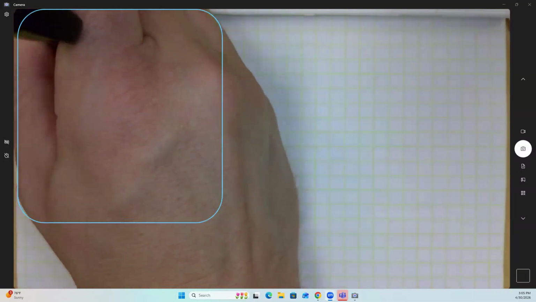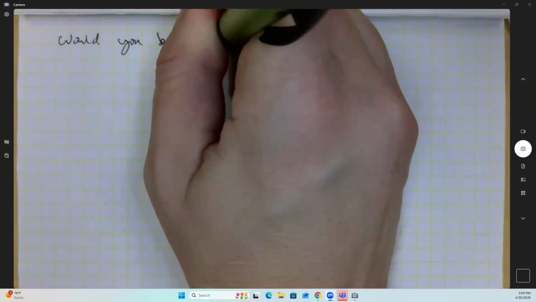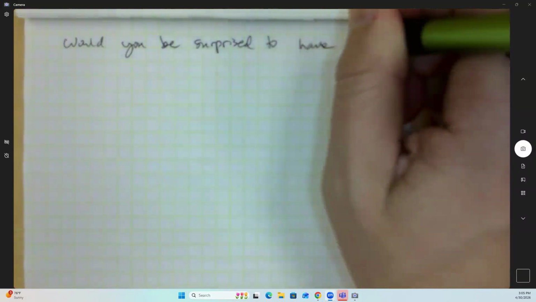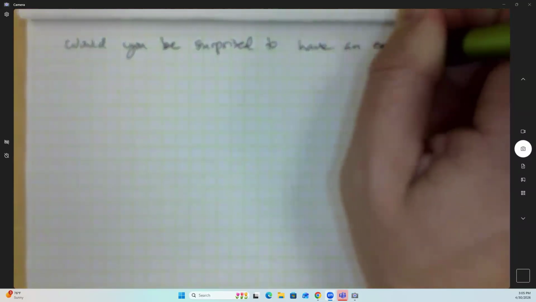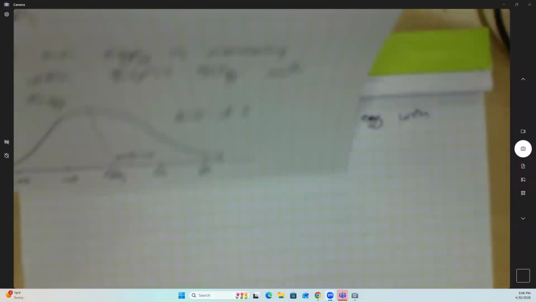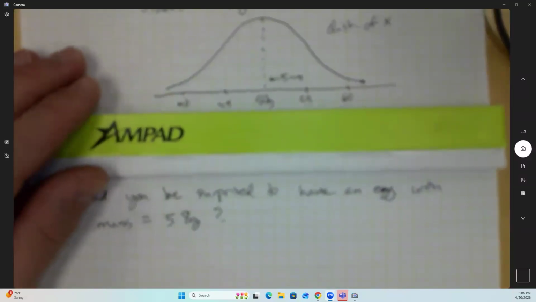Okay, so would you be surprised to have an egg with the mass equal to 58 grams? There's our picture.